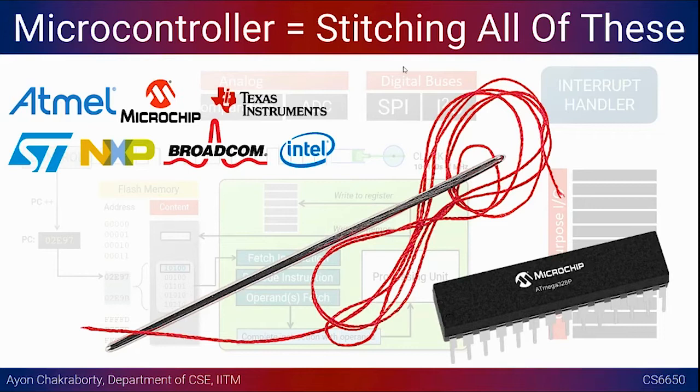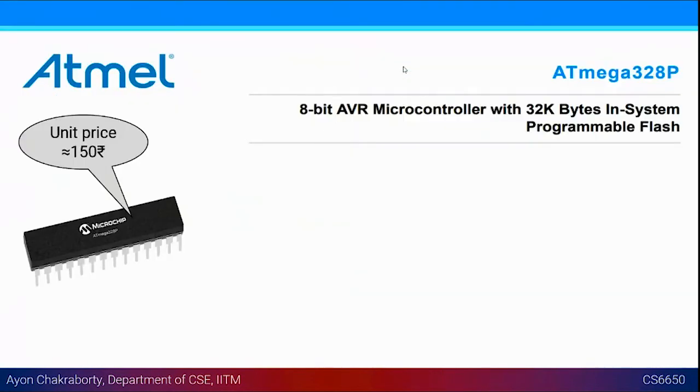So you can take a look at the different instruction sets available, or which vendors are producing them, what is ARM and what is AVR, and so on. With this, we'll very specifically introduce the Atmel 8-bit AVR microcontroller, which costs something like 150 rupees if you want to buy the IC.